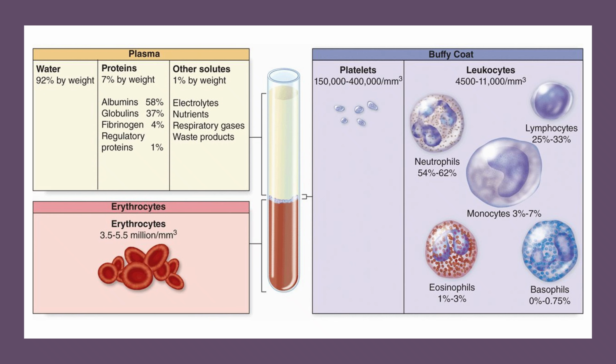Its key components include albumin, which maintains oncotic pressure and transports hormones, drugs, and electrolytes. Then the globulin, you see it's 30%, includes the antibodies, the immunoglobulins, essential for immune function. The fibrinogen, an inactive clotting factor, converts to fibrin during coagulation.